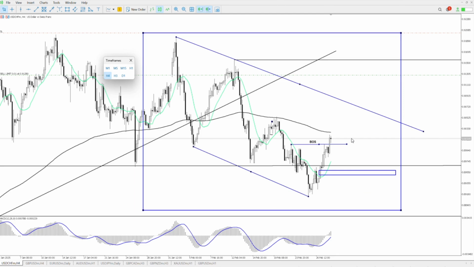Now, this is what I'm expecting. Am I expecting price to hit back into the zone?